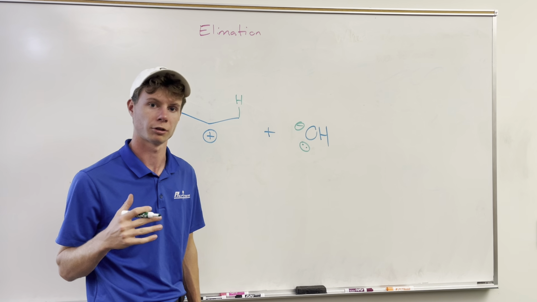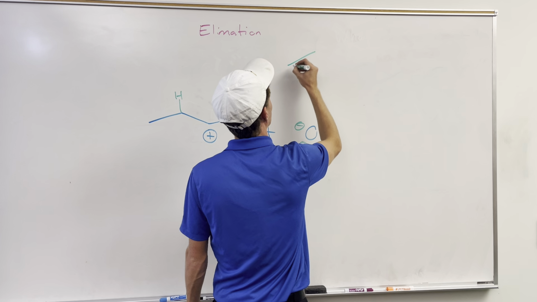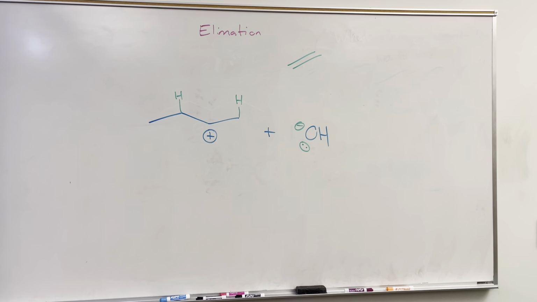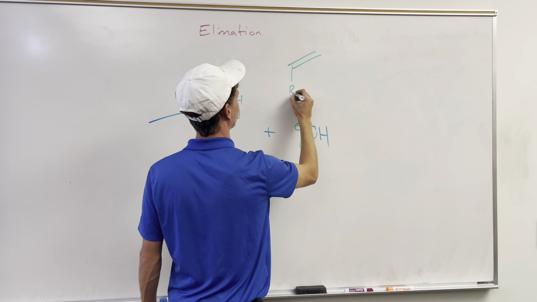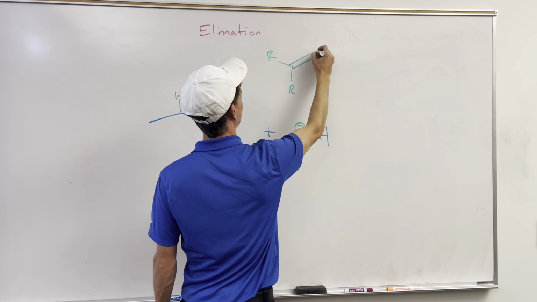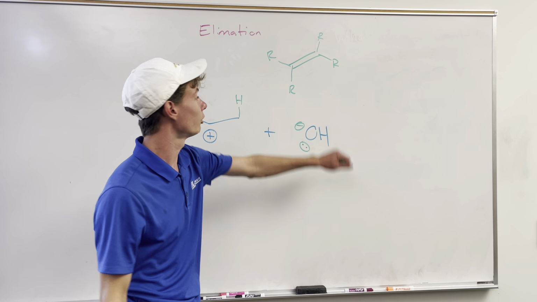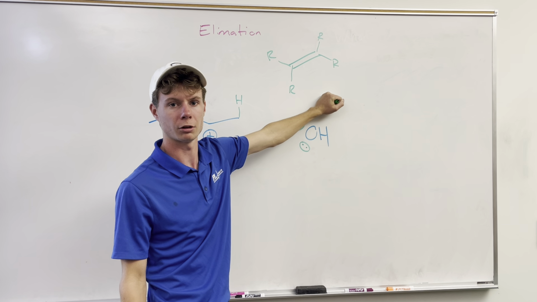Which one's going to be more stable? Okay. The most stable double bond you can make is one with 4 groups on it. The groups can be anything. The more conjugated, the more substituted you get a double bond, the more stable it is, and the more of it you're going to get in your product.